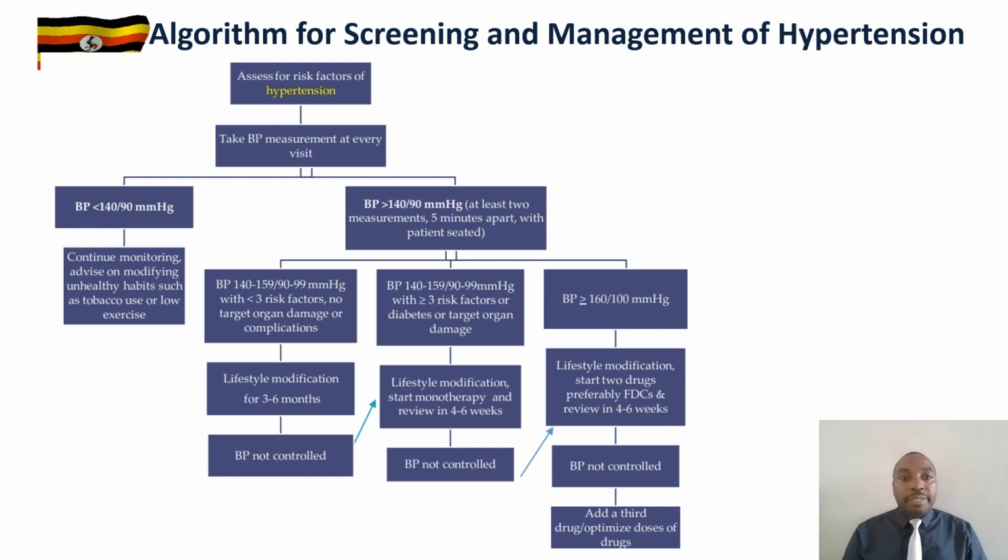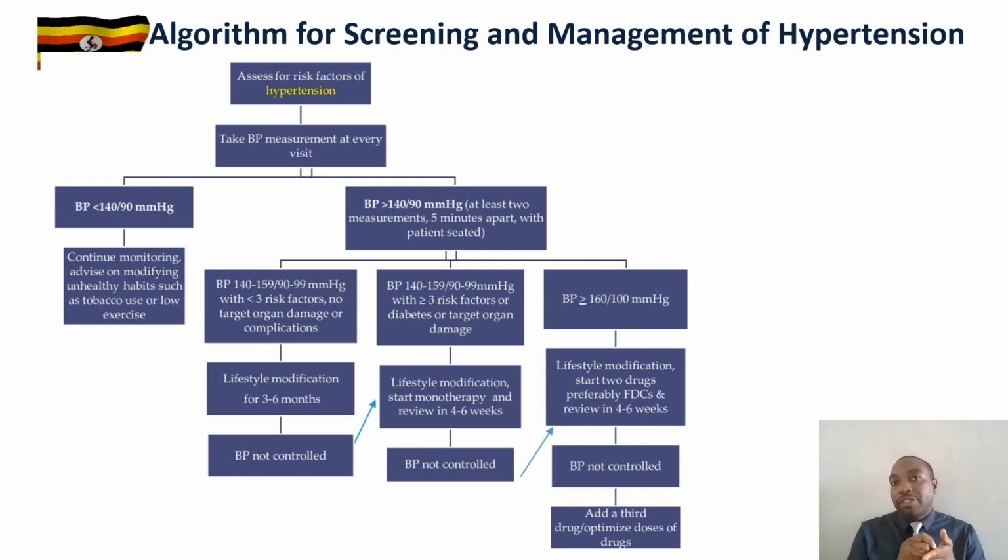So this algorithm shows us how to screen and manage hypertension. Screen for hypertension, we talked about blood pressure measurements. They have to be taken at all encounters. With their risk factors we ask for hypertension, and we shall give you those screening forms where you can take a brief history of the risk factors of hypertension.